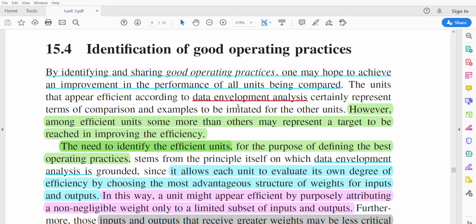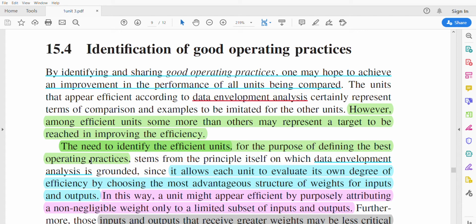So in this data envelopment analysis, however, among efficient units, there are also others that may represent a target to be reached in improving the efficiency. So here, we need to identify the efficient units for the purpose of defining the best operating practices.